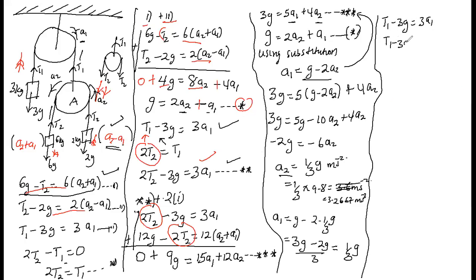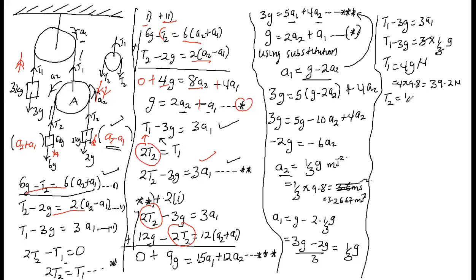T1 minus 3G is equal to 3 times 1/3 G. T1 is equal to 4G newtons, which is 4 times 9.8, which is 39.2 newtons.